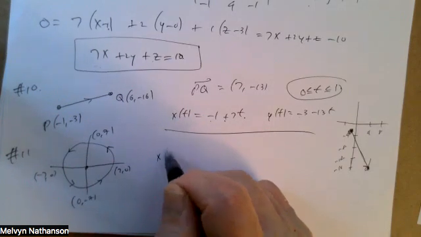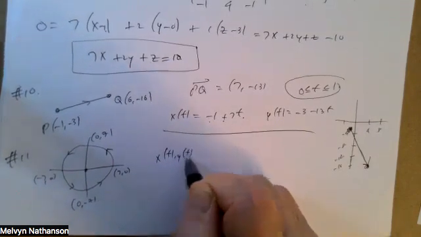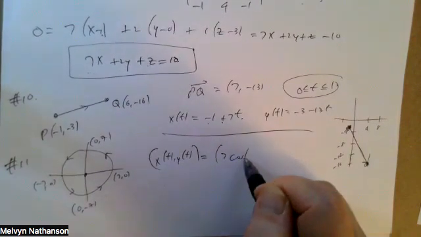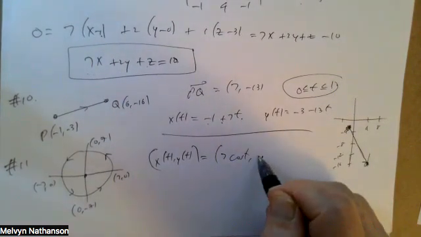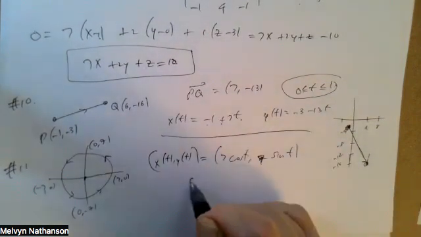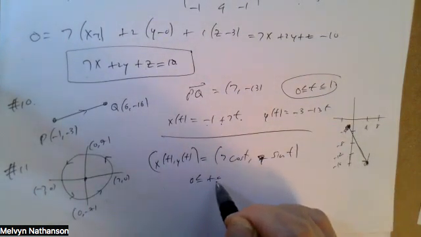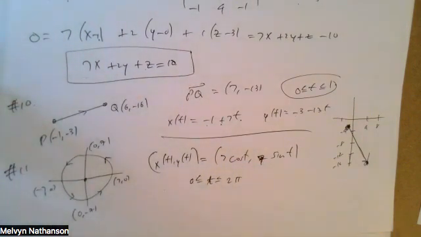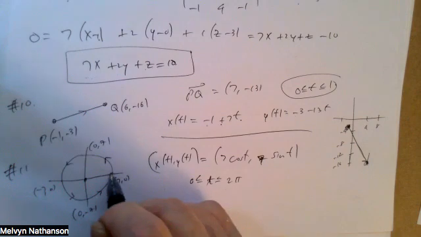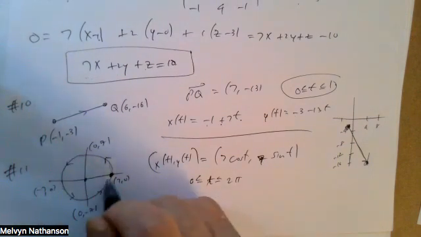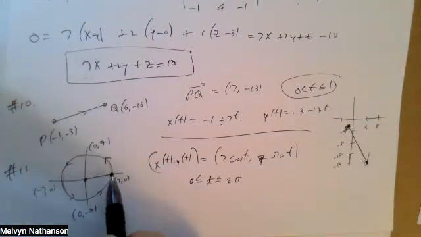So for the parametric equations, x of t, y of t, you just let x of t be 7 cosine t, y of t is 7 sine t, as t goes from 0 to 2 pi. When t is equal to 0, you're here. And as t increases, you're moving around the circle counterclockwise. And at 2 pi, you're back exactly where you started.